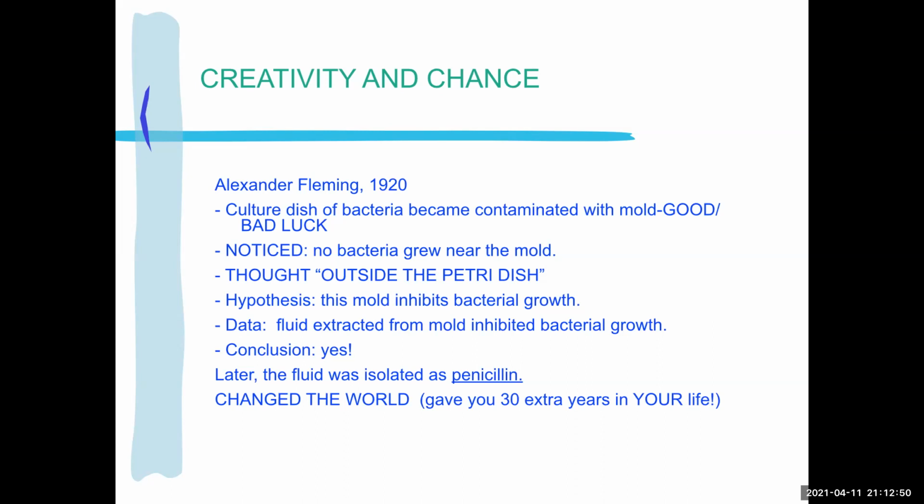Here's the basics. A lot of textbooks talk about Alexander Fleming as an example of the scientific method. And if you pay attention to the story, you'll see that there was not so much creativity in his case, but there was a huge element of chance.